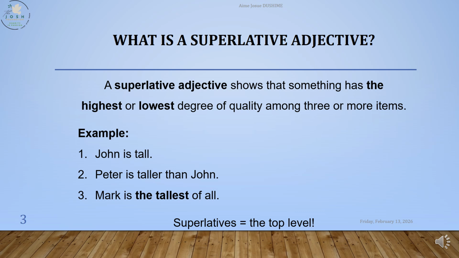Remember, we use comparative for difference between two things or two people or two items. And we use an adjective when we are talking about one thing. And we use a superlative when we want to say this is the highest or the lowest level or quality among three or more items.